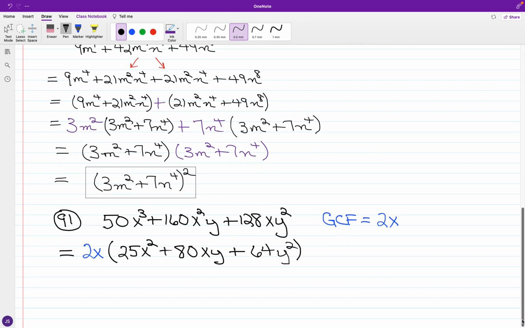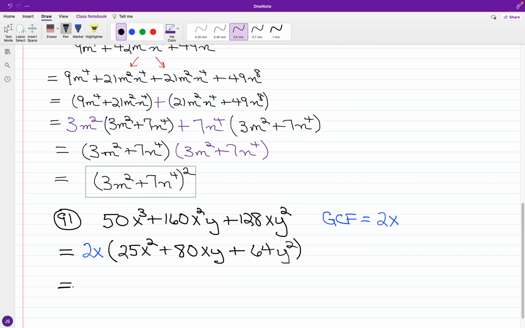All right, so looking at setting things up for the complete factorization, we got 2x as the greatest common factor for this trio. And after 2x, I still have a remaining trinomial that can be factored.